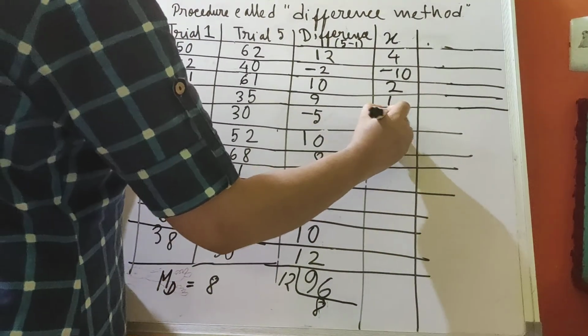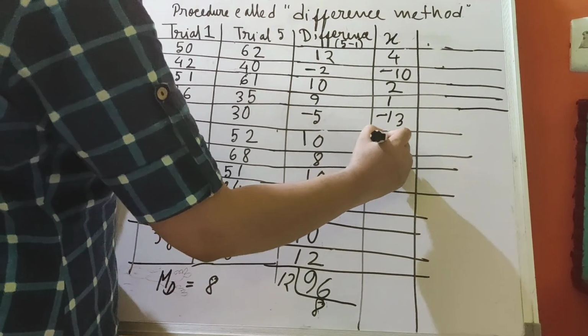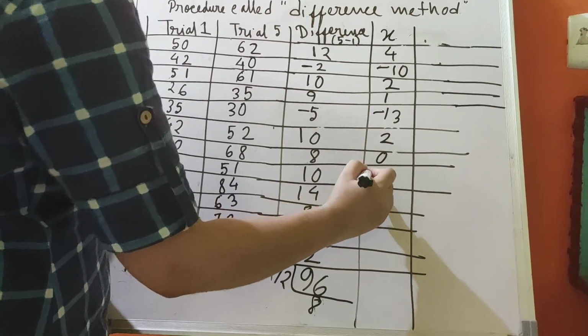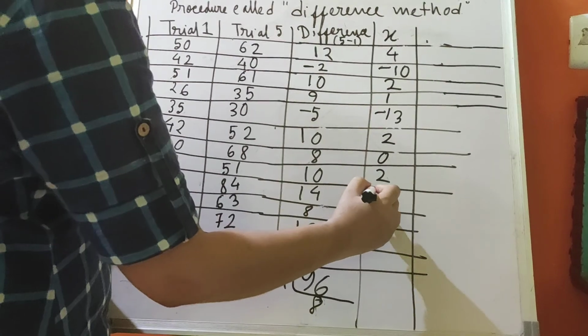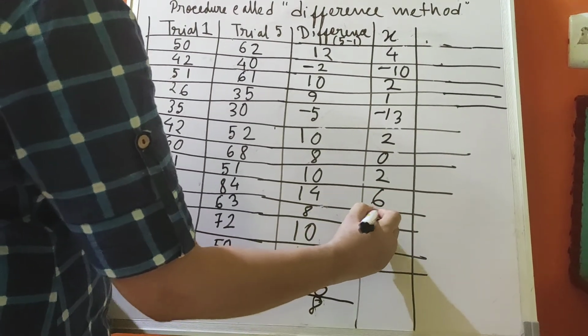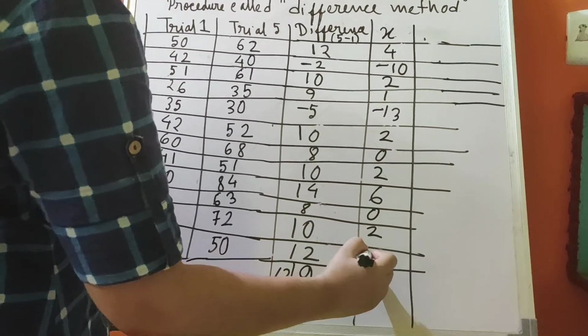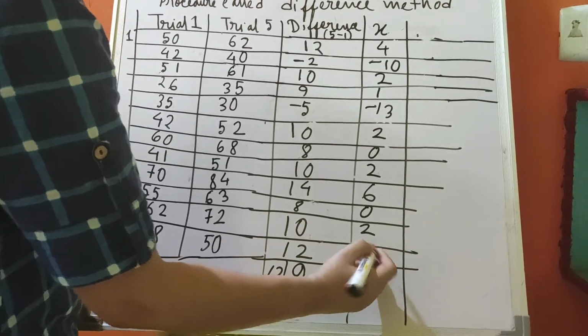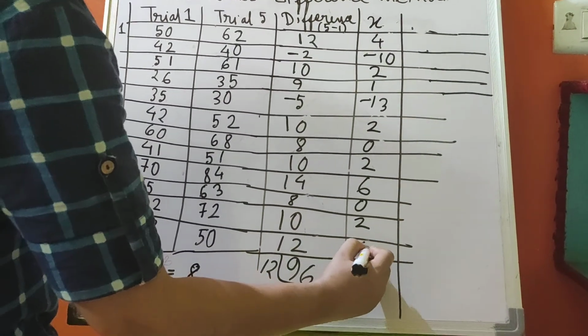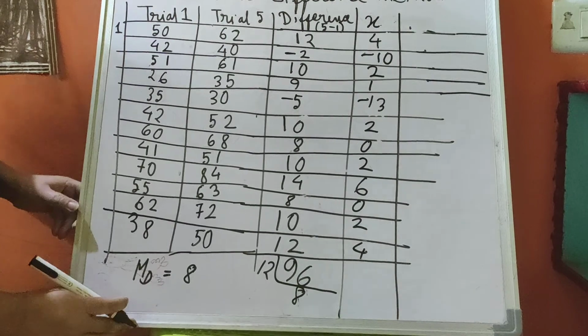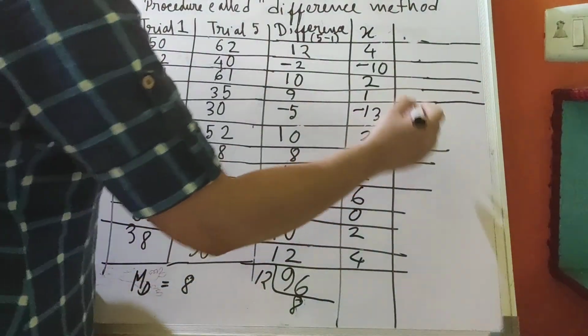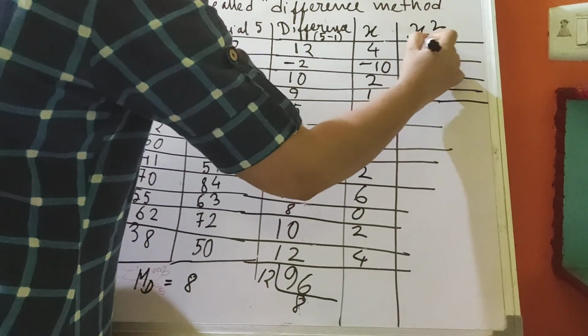Minus 5 minus 8 will be minus 13. 2, 0, 2, 6, 0, 2 and 4.